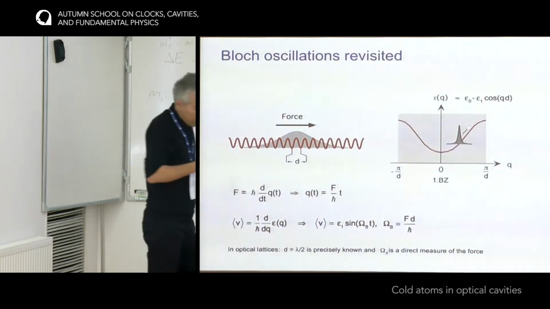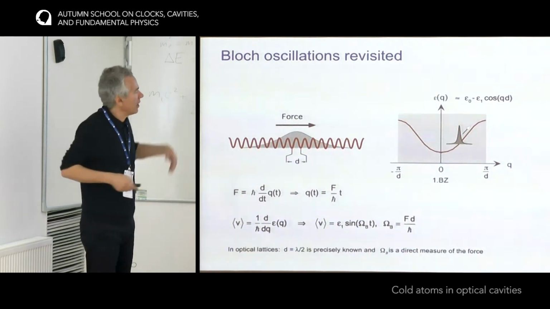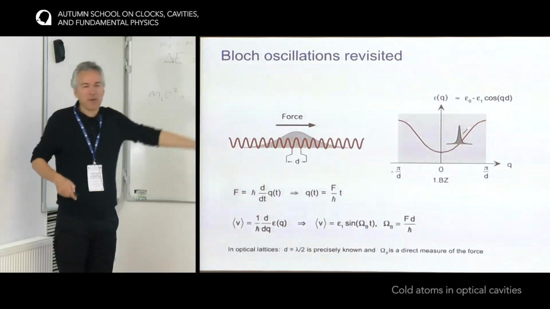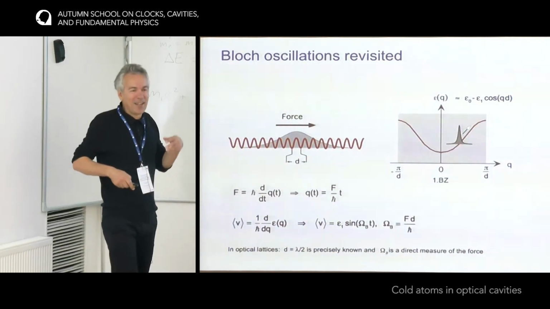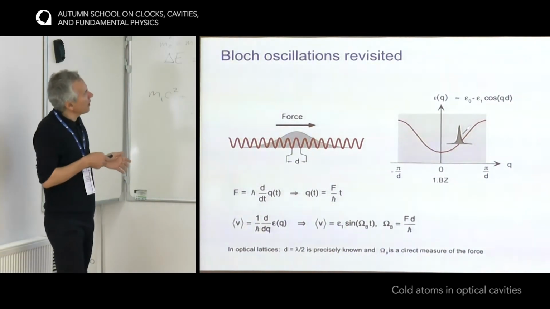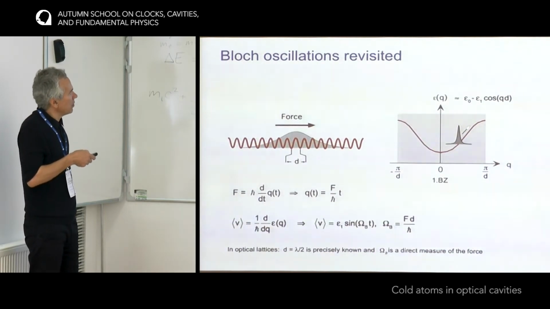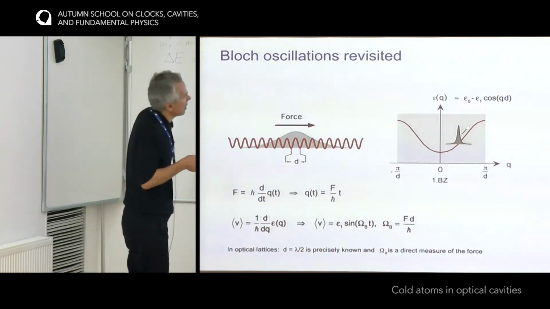So, well, now just to remind some of you, maybe I can even leave that away for most of you. Sorry if most of you know that already, but I thought very briefly I revisit Bloch oscillations and tell you in three words what it is.